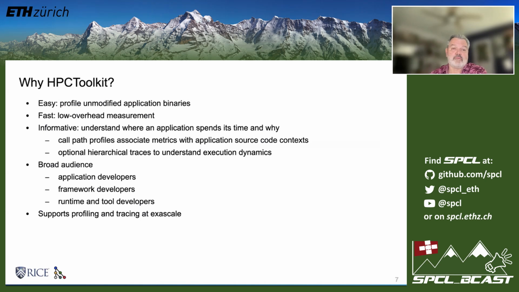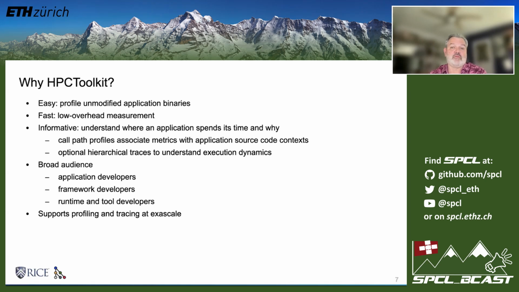So why use HPCToolkit? Well, it's easy to profile unmodified application binaries. It's fast, with low overhead support for measurement. It's informative: it'll tell you where an application spends its time and why. The call path profiles will associate metrics with the application source code, and the hierarchical traces can help you understand the execution dynamics. It was designed for a broad audience, so we built it for both application developers as well as framework developers and runtime and tool developers like ourselves.